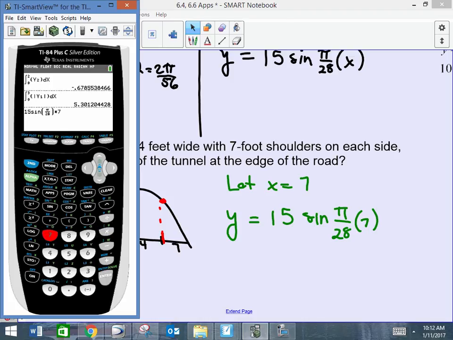Okay? Am I taking, yeah, that shouldn't matter if I have parentheses or not. 15, hold up. Yeah, I think I did it backwards. Hold up. Pi over 28 times 7. Oopsie, not there. Times 7.